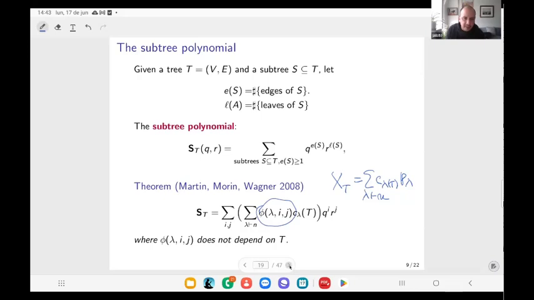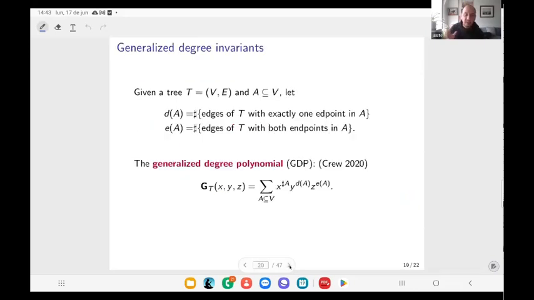Okay. So in 2020, Logan Crew defined a generalization of the subtree polynomial. And so instead of counting subtrees, he counts all subsets of vertices.